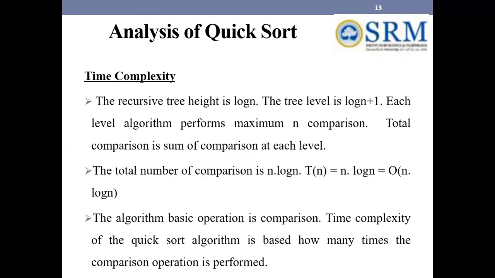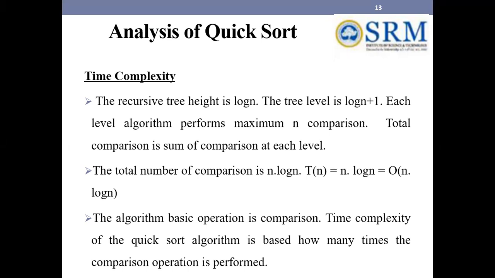And now the analysis. Again, this is a recursive call tree. Here there are log n levels. At each level we find the maximum number of comparisons, then sum up the comparisons at all levels. That gives the time complexity.